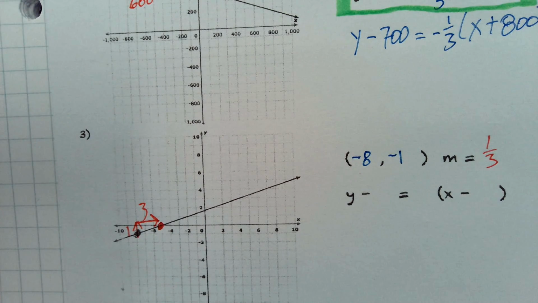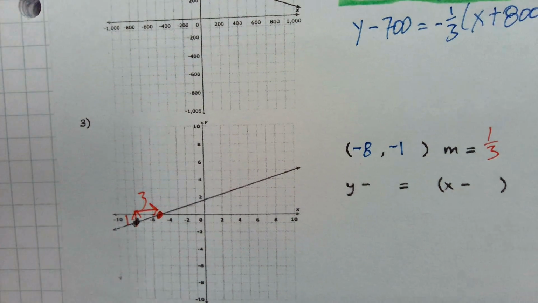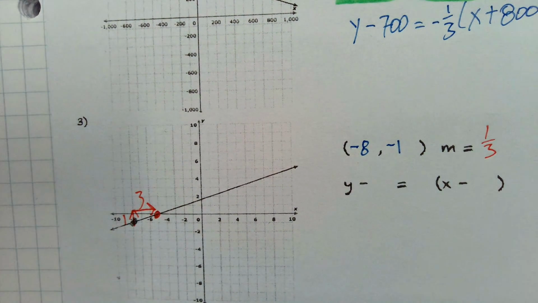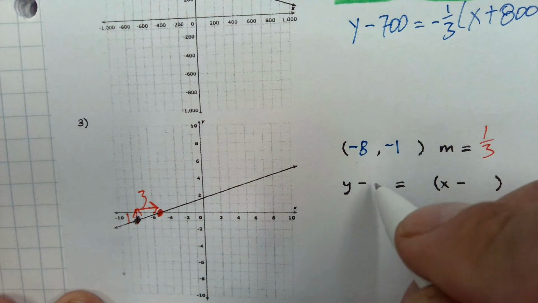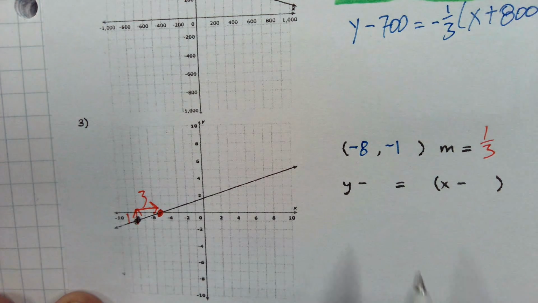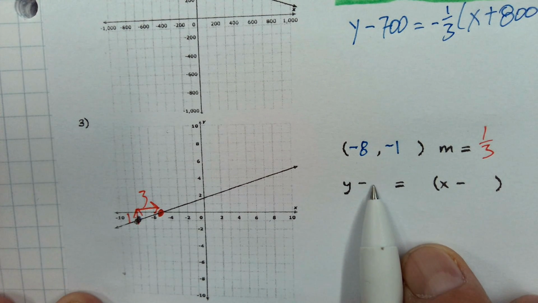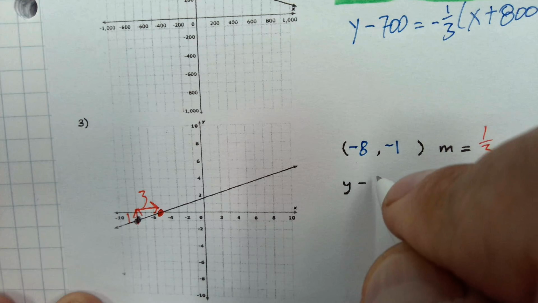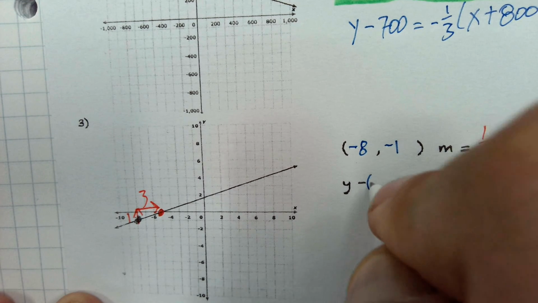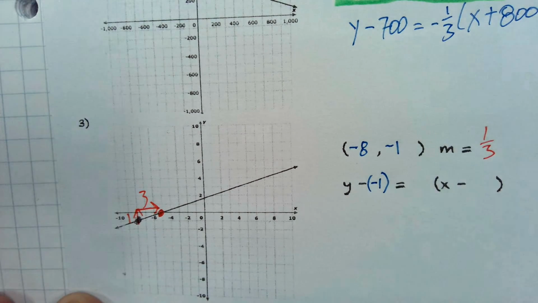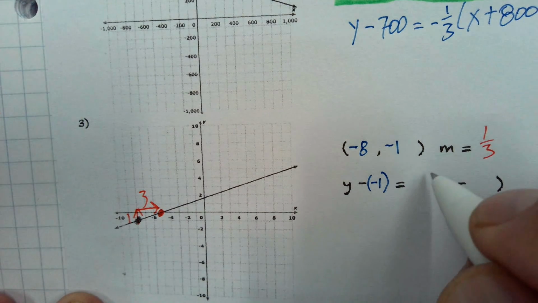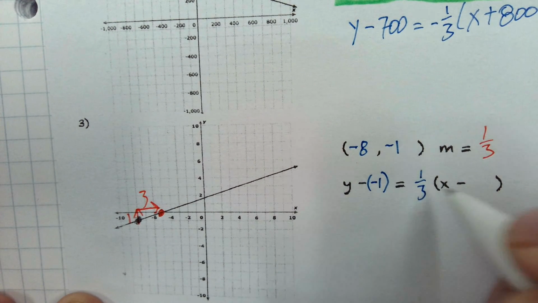Okay. So if we're picking these coordinates, let's go ahead and write those numbers in. Well, before we get there, how would it be entered initially? Y minus negative 1. I'll just put parentheses around that, equals 1/3 x.